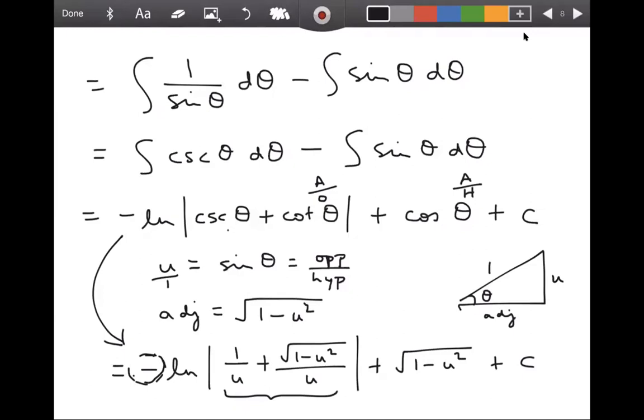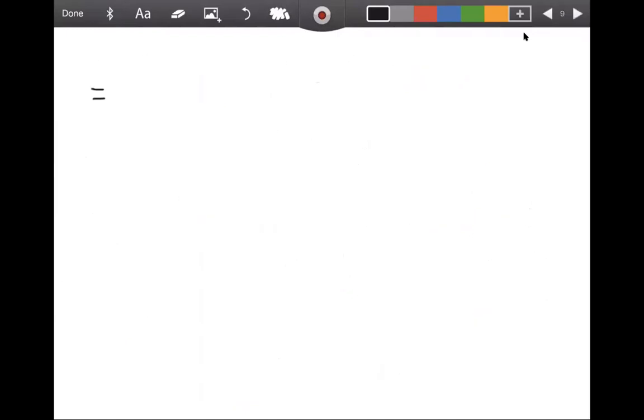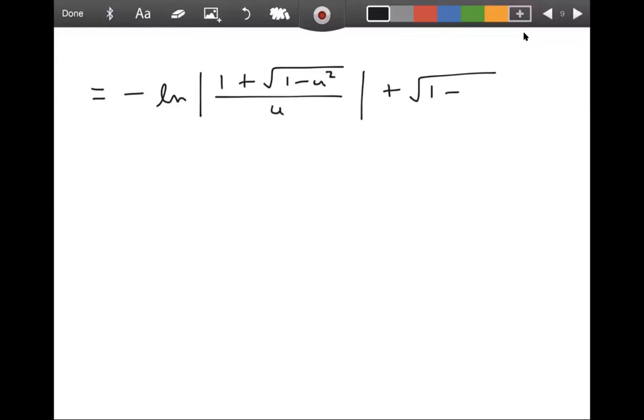All right, but let me not skip any steps here. So first I'm going to combine those into one fraction. So that's going to give me negative natural log absolute value 1 plus the square root of 1 minus u squared all over u, plus the square root of 1 minus u squared.